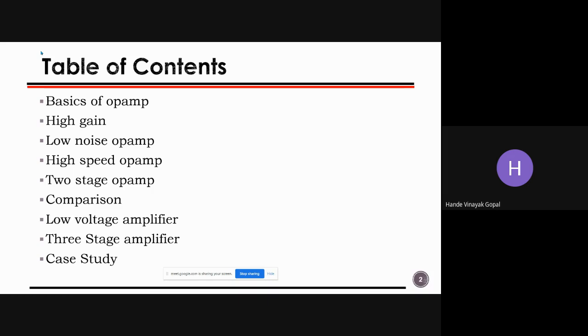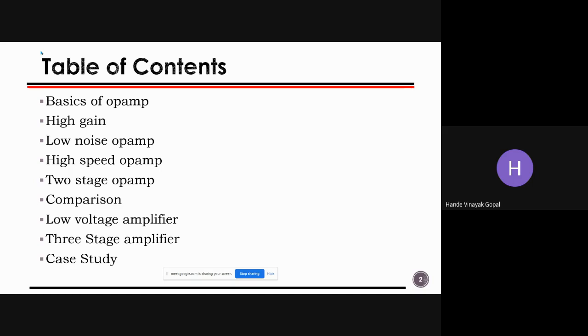The principal difference is that an OTA generally has a high output impedance node compared to the operational amplifier, because an operational amplifier is an OTA plus a buffer. But in other books and papers which I came across, the transconductance amplifier which people use for filter design is called an OTA, and even when a circuit has a high output impedance node, people call it an op amp. That subtle difference is there.